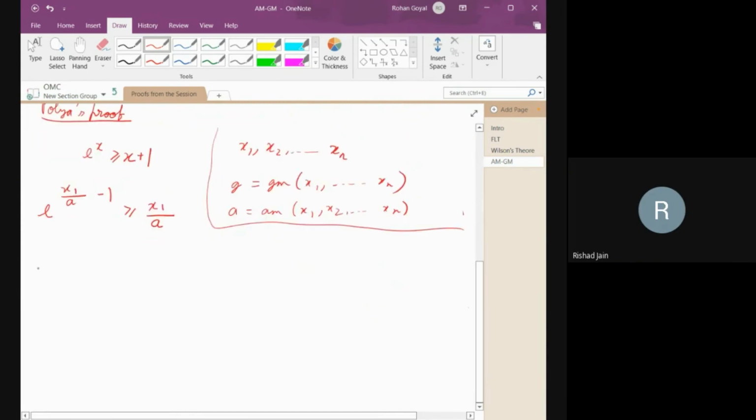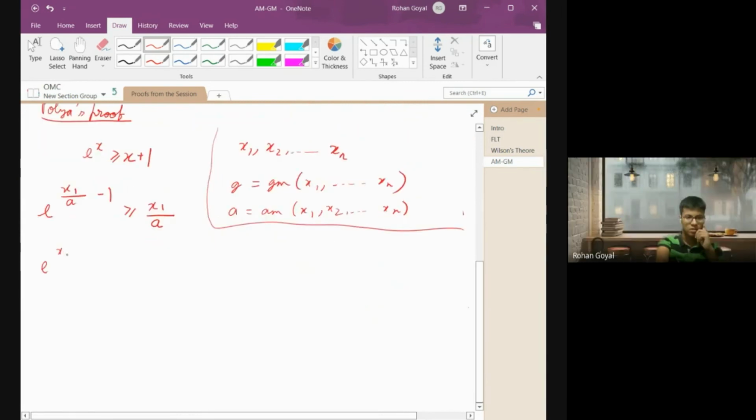Okay. e to the (x2 by a minus 1) is greater than or equal to x2 by a. And I can write these for everything, and I'll get e to the (xn by a minus 1) greater than or equal to xn by a. Yes. So I just multiply both sides, and I get e to the (x1 by a minus 1).